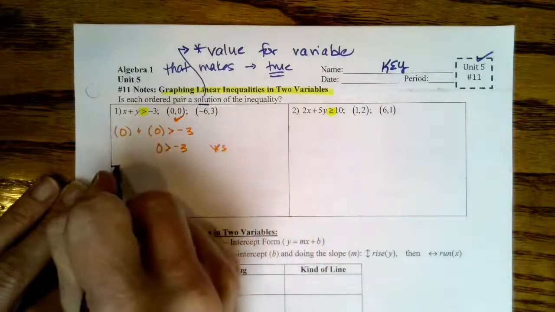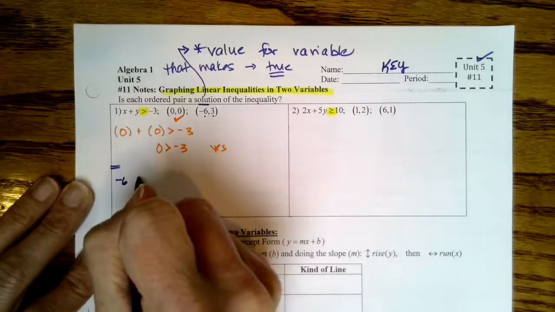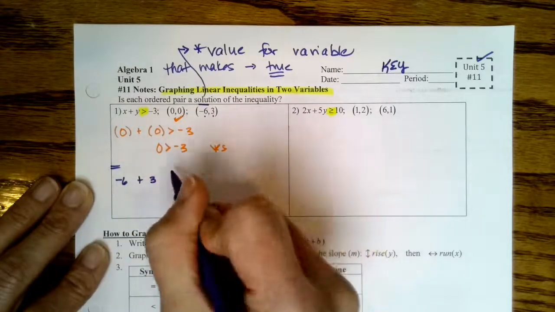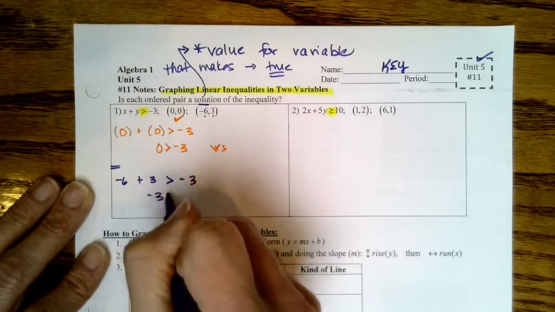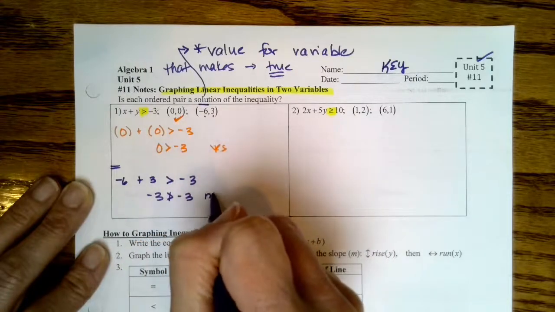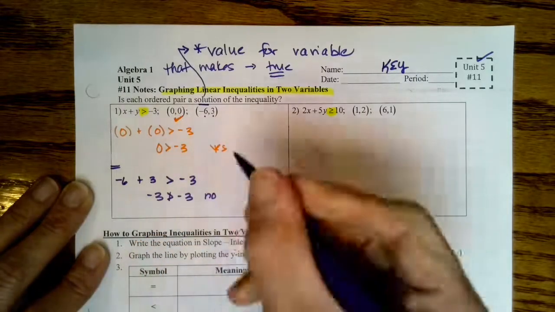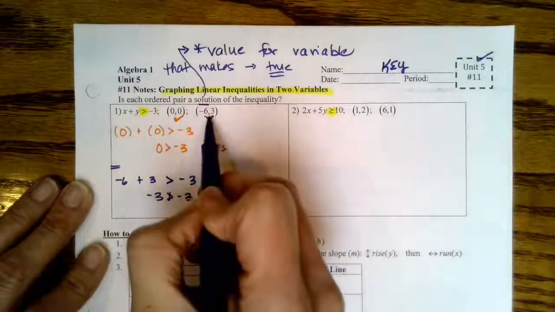All right, my second ordered pair, negative 6 and positive 3: is that going to be greater than negative 3? Well, is negative 3 bigger than negative 3? No, that's not true. It's equal to, which means this one is not. So this one's a yes, and that one's a no.